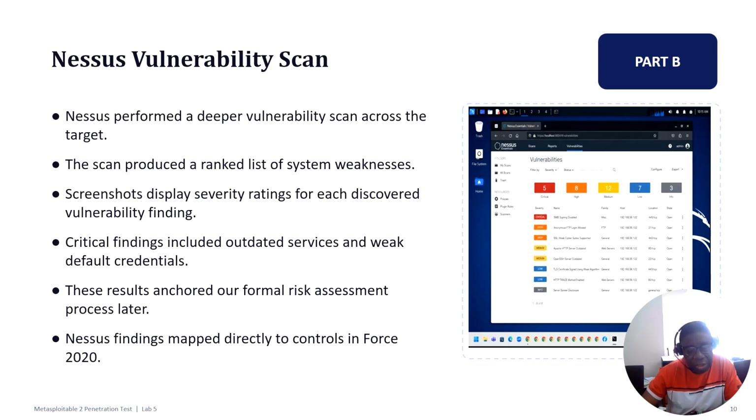The most critical findings were outdated services and, honestly, some weak default credentials that really should have been changed. This becomes the anchor point for my formal risk assessment, since its findings map clearly onto several of the control families described in Fox 2020.